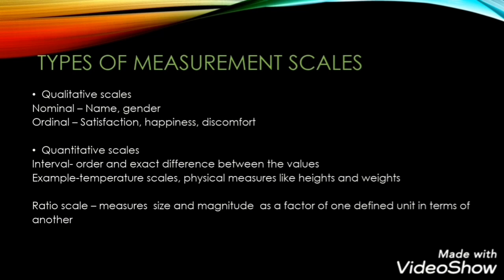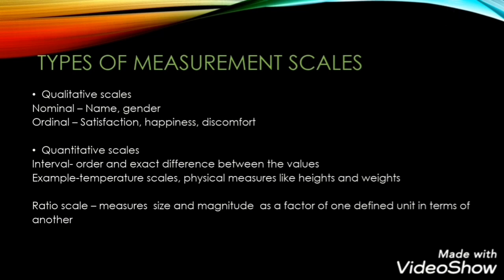Other subtypes of nominal data are nominal with order, like cold, warm, hot, very hot, and nominal without order, like male and female.